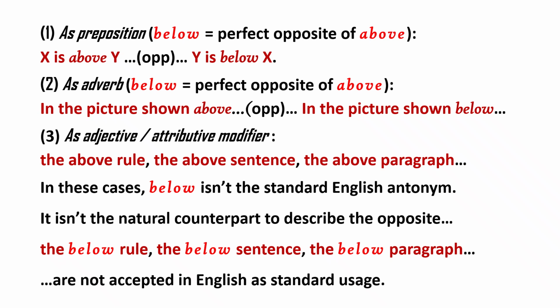You can't say the below rule, the below sentence, the below paragraph. These are not accepted in English as standard usage. You say the above rule, but not the below rule. So in these cases, below is not the opposite of the word above.